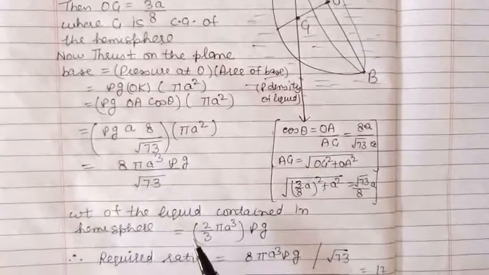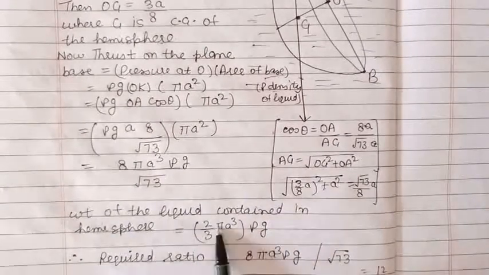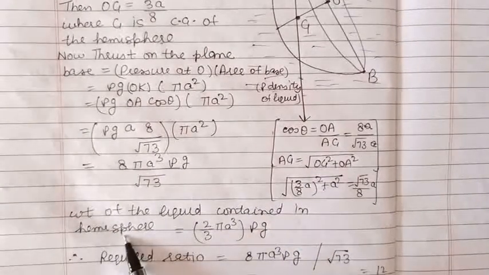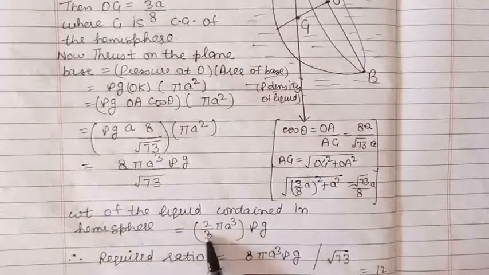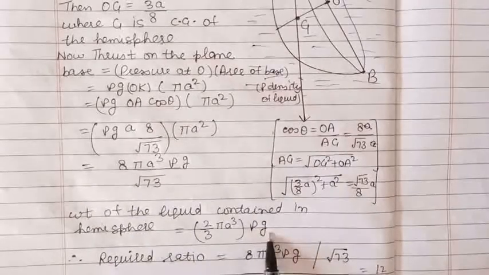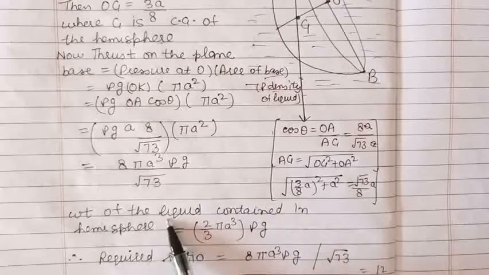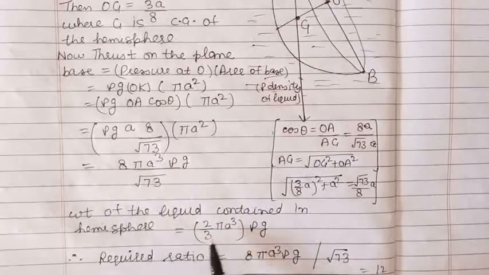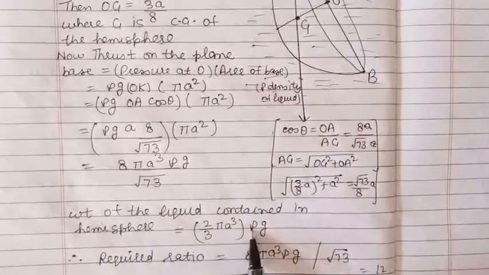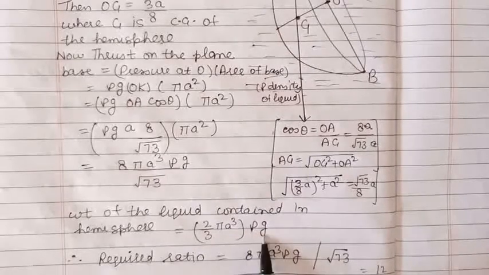Now let us find the weight of the liquid contained in the hemisphere. By the formula, weight means volume into density into g. Volume of the hemisphere is 2/3 pi a cube. Density is rho and g is acceleration due to gravity.